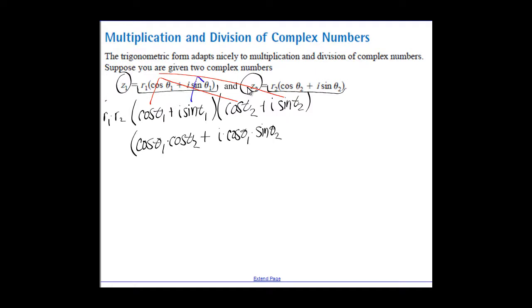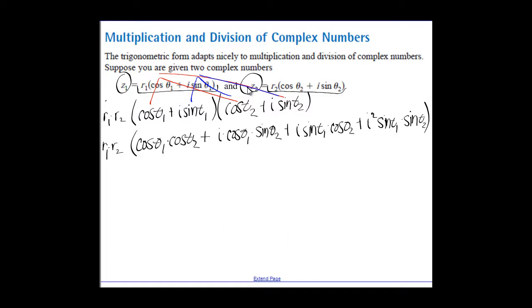Second distribution, I have i sine theta sub 1 times cosine theta sub 2 plus i squared sine theta sub 1 times sine theta sub 2. And of course, r sub 1 and r sub 2 are still in front.